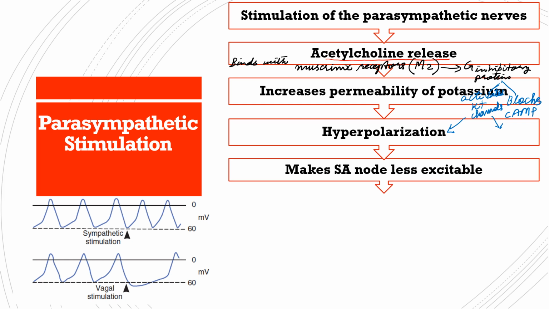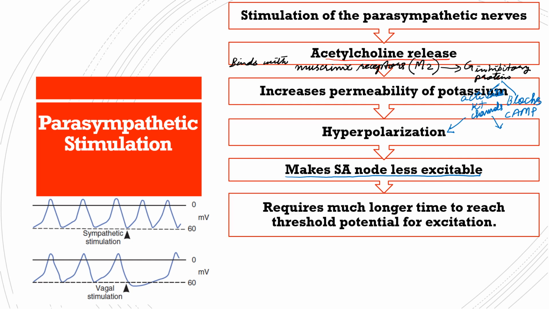Hyperpolarization in turn makes the SA node less excitable, and when the SA nodal membrane becomes less excitable, the impulse requires much longer time to reach threshold potential for excitation.